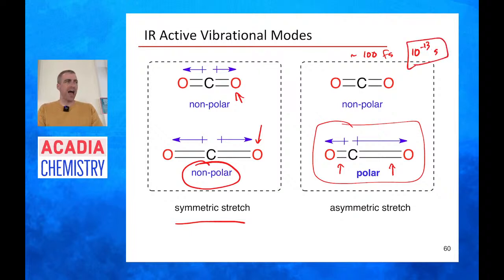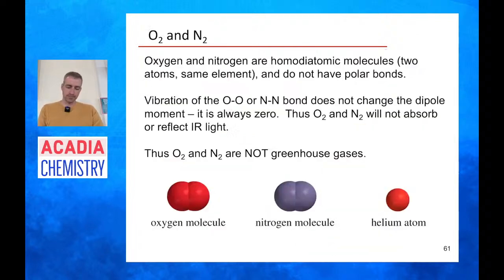Very, very fast, these vibrations back and forth. But because of this vibration, it's going from polar to nonpolar to polar in the other direction. On average, they all balance out to nonpolar, but at a point in time, it is oscillating up and down like a sine wave.